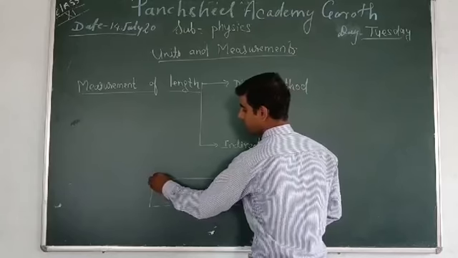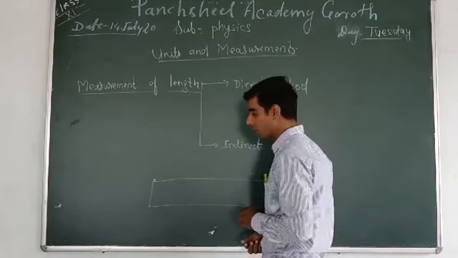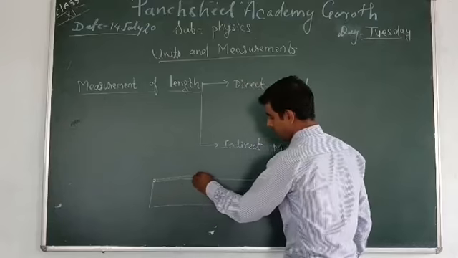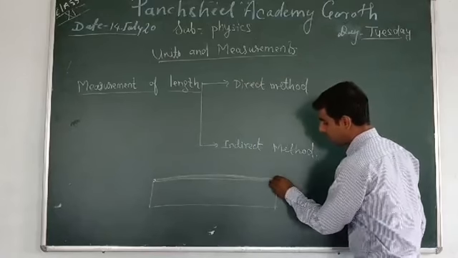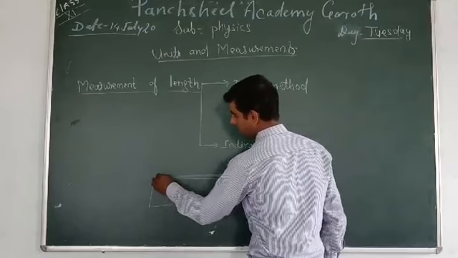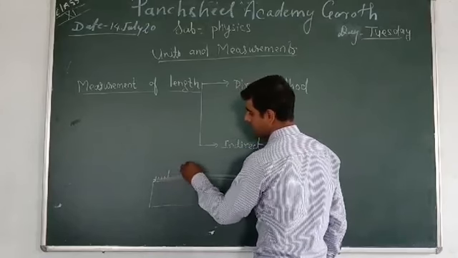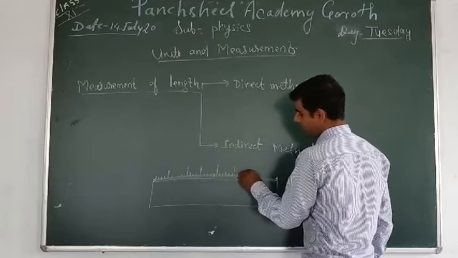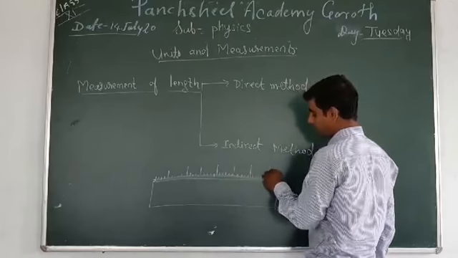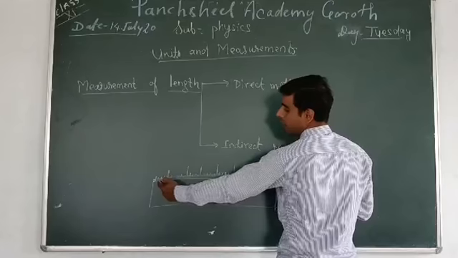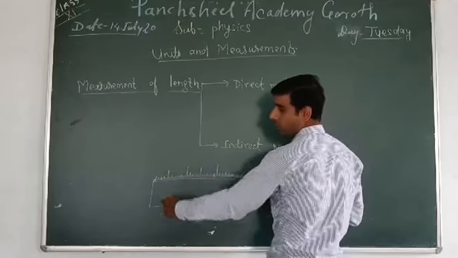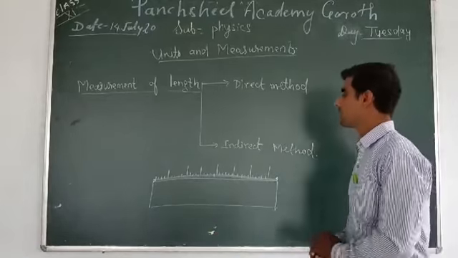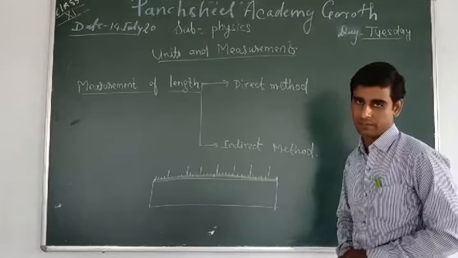I take this as the initial point of the measuring tape and this as the final point. Then I directly read the length on the measuring tape. So this is the direct method.